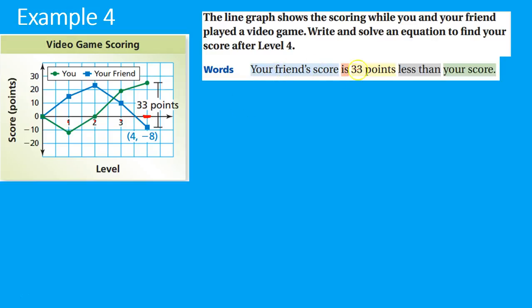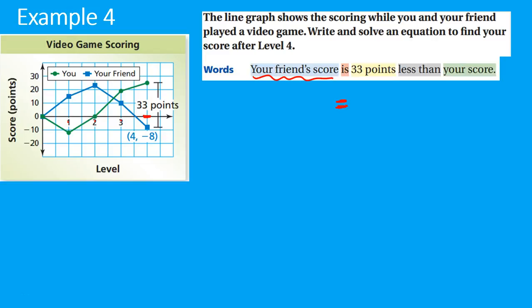Okay, now take a look at what it tells us. Tells us your friend's score is 33 points less than your score. Again, writing it out in words is so helpful. Okay, look, it says your friend's score is, oh, what does is mean? Equals. Okay, equals 33 points less than your score.